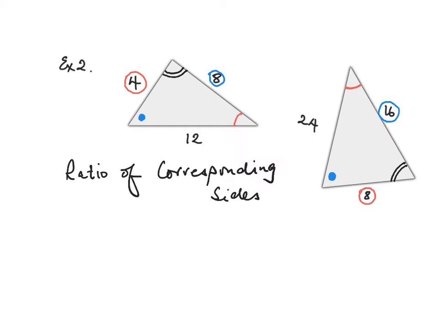So if we take the smallest side, if we go to the first triangle, the smallest side has a length of 4 units, and in the larger triangle has a length of 8, and 4 over 8 simplifies to 1/2.